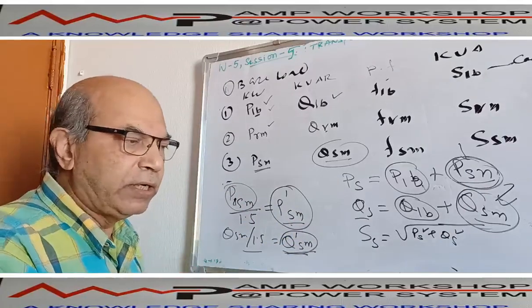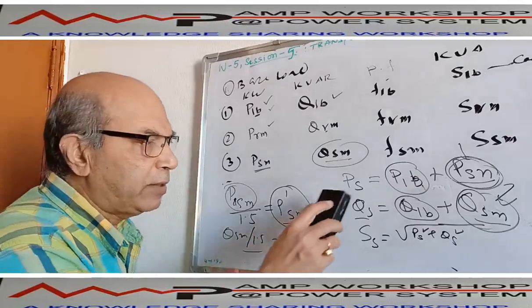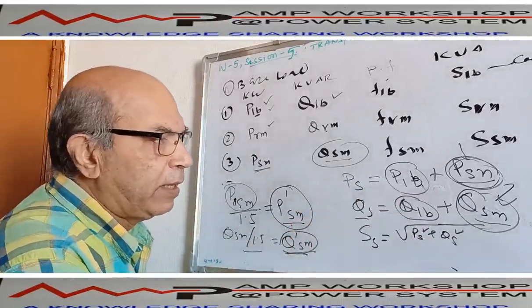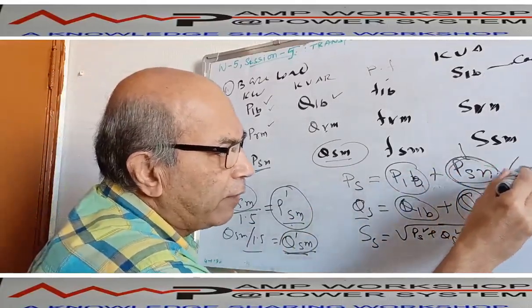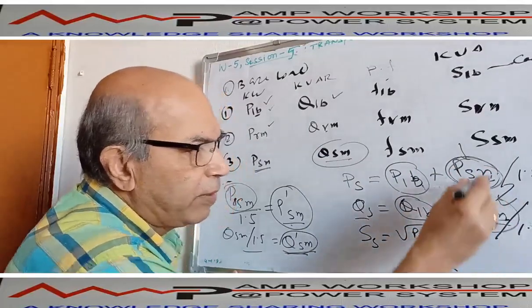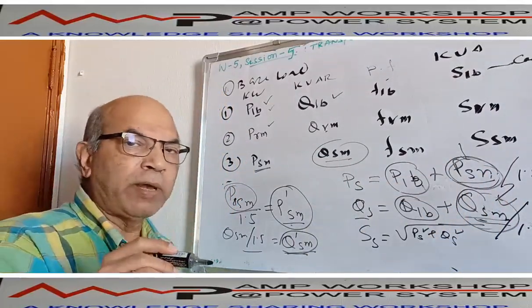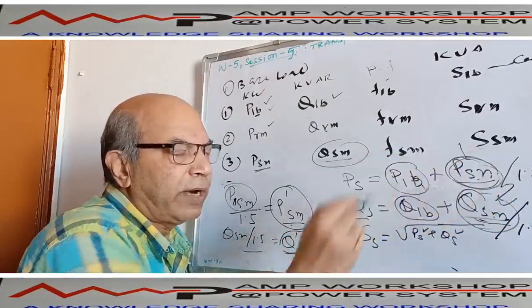That means during sizing of the transformer, the active power required is P1B plus PSM divided by 1.5, and QSM also divided by 1.5, because during starting the transformer can be overloaded by 50%. Considering that aspect, this factor will be divided by 1.5.